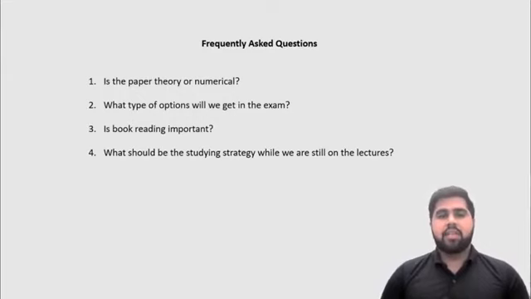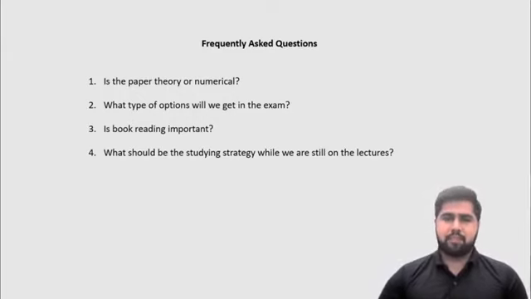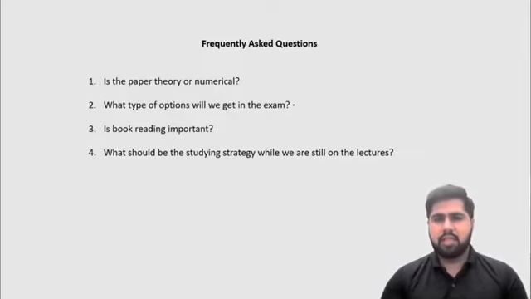Second, what type of options will we get in the exam? When you look at the kit, you'll get to know more about it. But in most cases, you get 4 options. In some cases, you get 6 options, and the examiner asks you to choose 2.